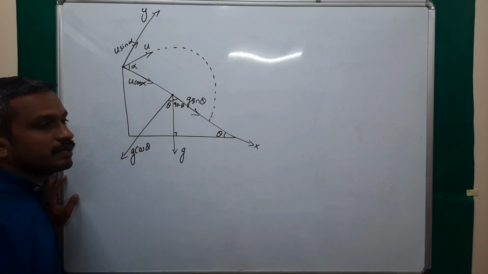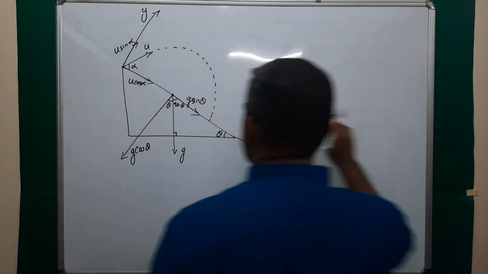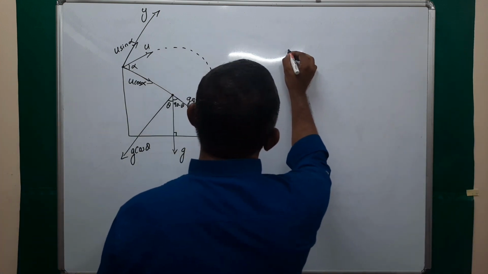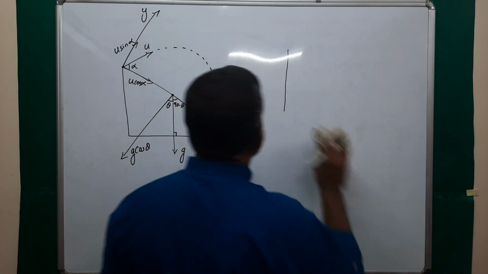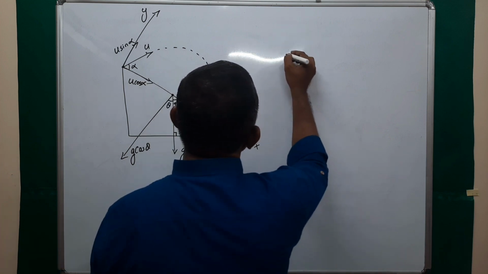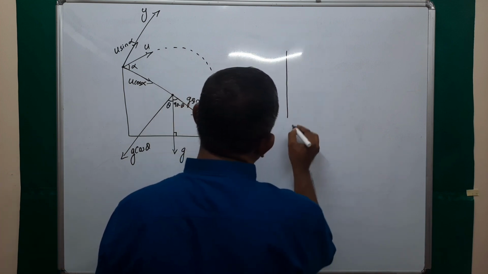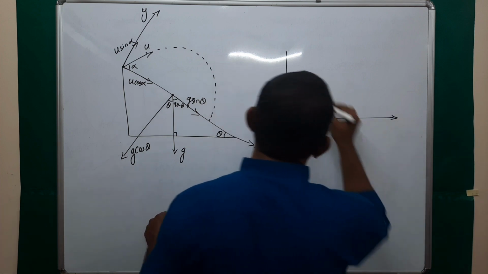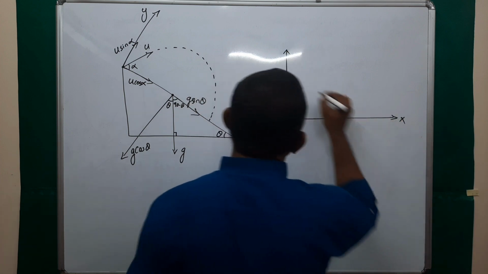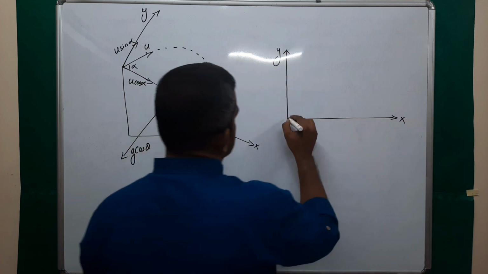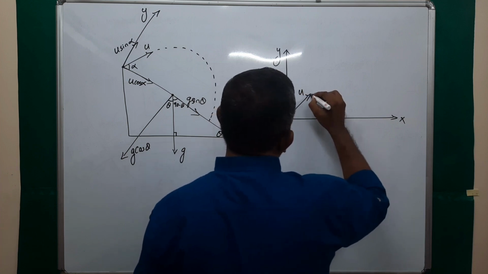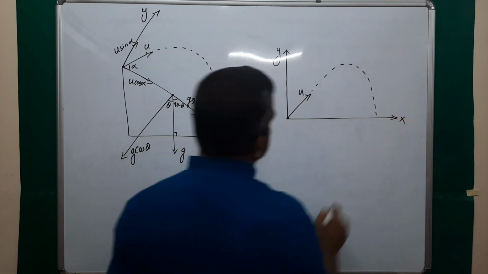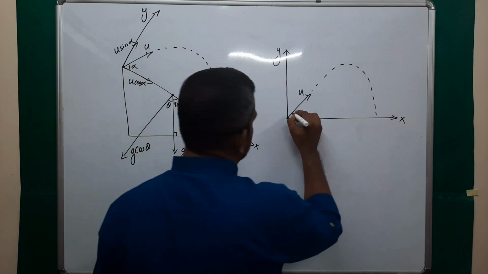Just to remember the formula, I will show you the previous case. Suppose you draw the diagram of the x-axis and y-axis. A projectile is projected from here with initial velocity u. This is the trajectory of the projectile, with angle alpha.